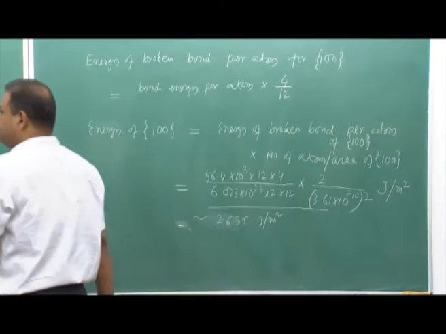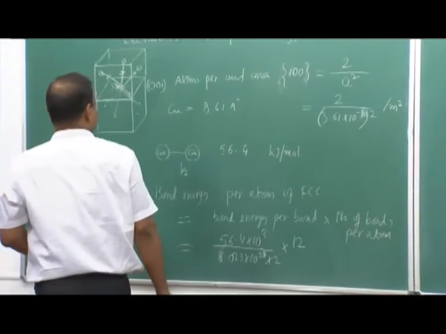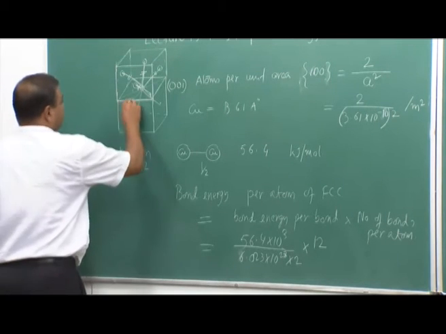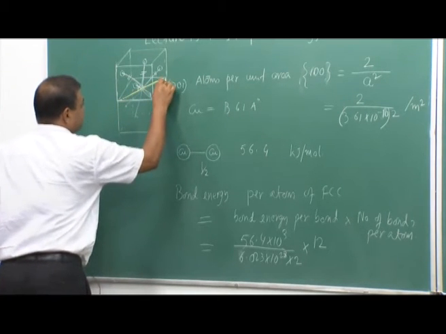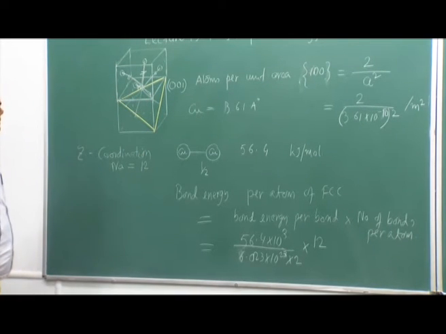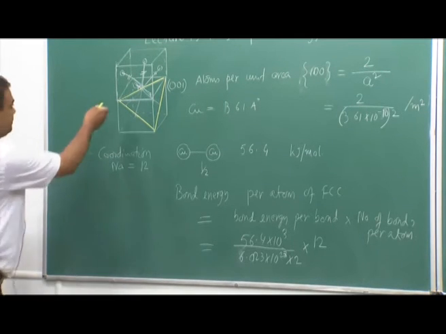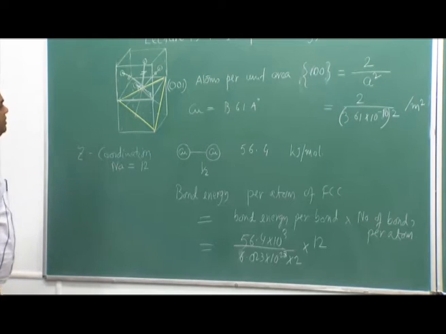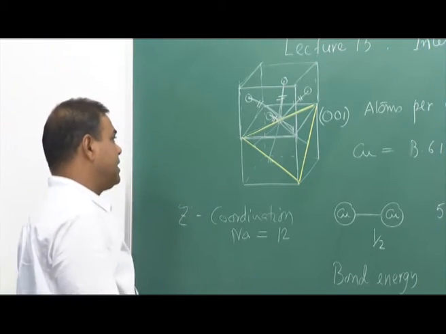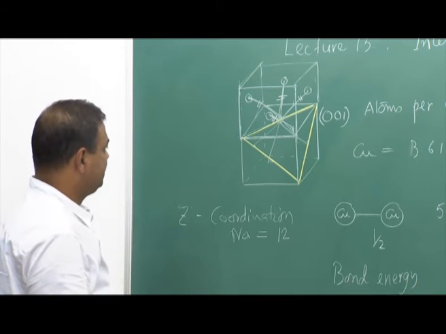So, in case you would like to find out any other plane, for example, if we would like to find out the planar density or the number of atoms of this particular plane, which is the 111 plane, this triangle is basically the 111 plane. You can also find out the surface energy, and that time you have to look at how many bonds are broken per atom on this surface.